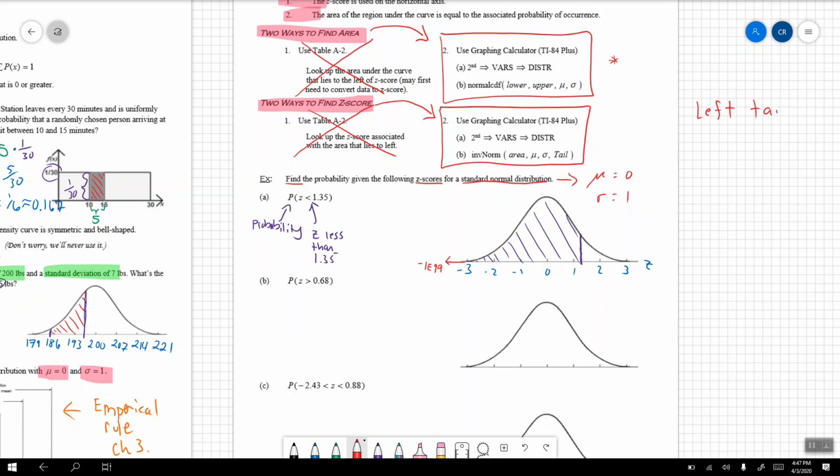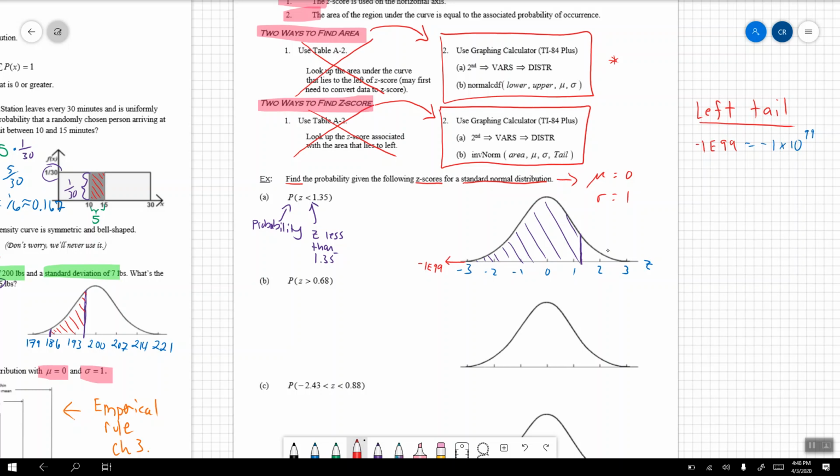The reason we always consider the left tail to be negative 1E99 is that this is scientific notation, so this is really negative 1 times 10 to the power of 99. This is a really, really large number: negative 1 multiplied by a number that has 99 zeros behind it. Wow, that's a really extreme large number, and that's why we use it on the left tail.